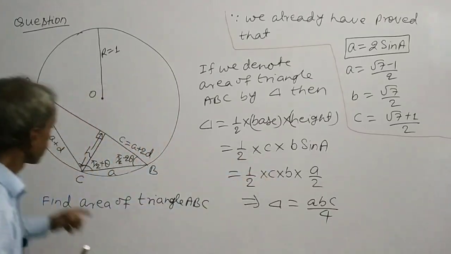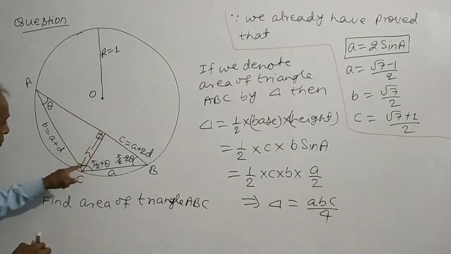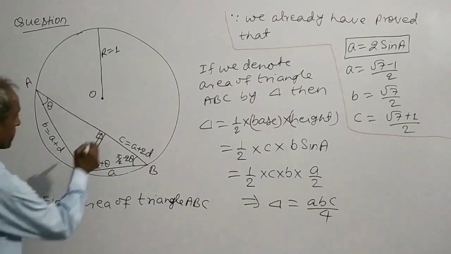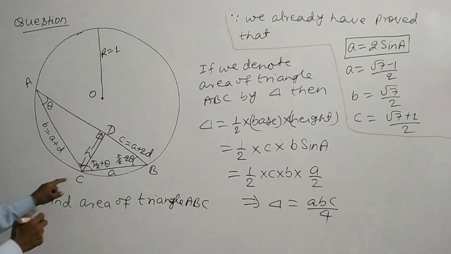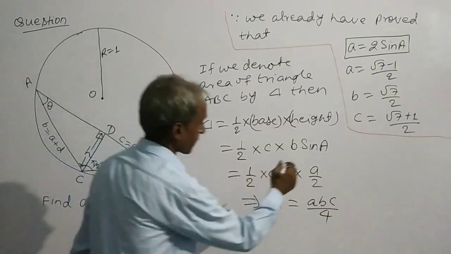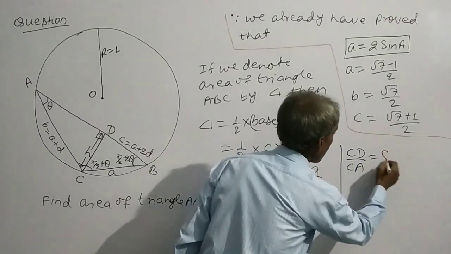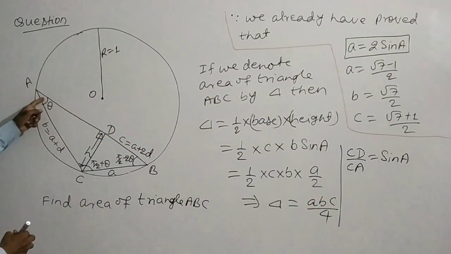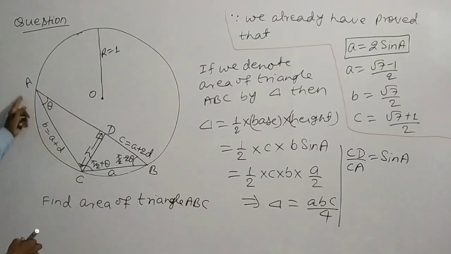Therefore, 1 by 2 times c times height. Now we have to find the height. In this triangle CDA, CD by CA is equal to sin A. Sin angle A is equal to CD by CA.